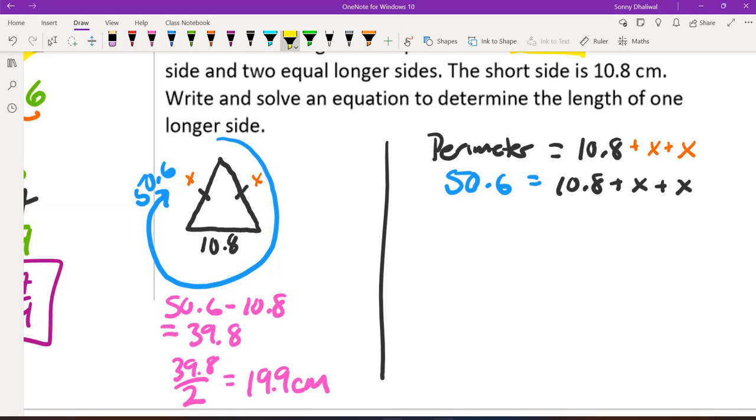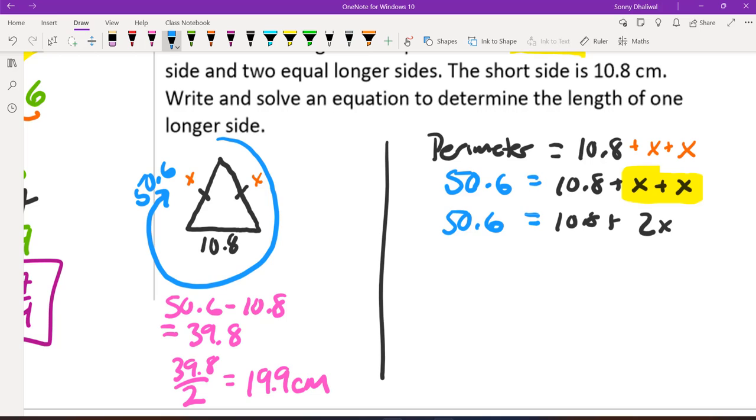So if I combine these x's here, what do they combine to form? Bir Pratap? 2x. Yeah. You remember your polynomials unit, right? 1x plus 1x. You add the numbers in front, right? So this becomes 2x, and the exponents don't change. And you still have that 10.8. And we still have this 50.6.